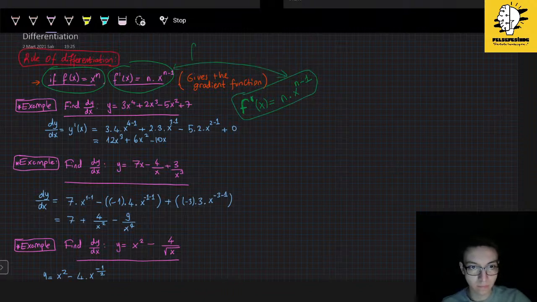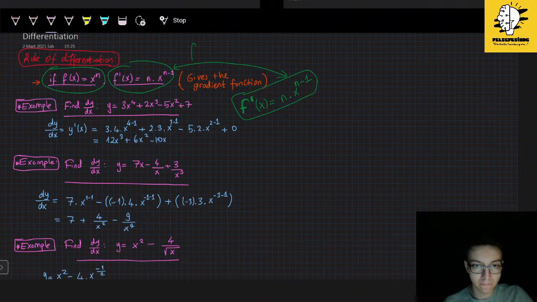Okay, so let's solve our first example. In our first example, you can see find dy/dx, and dy/dx is actually the gradient function of it. It's like y prime x, but we say dy over dx. We have 3x to the power of 4 plus and so on, and let's solve it.